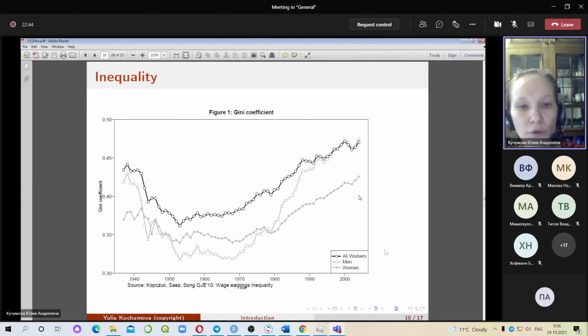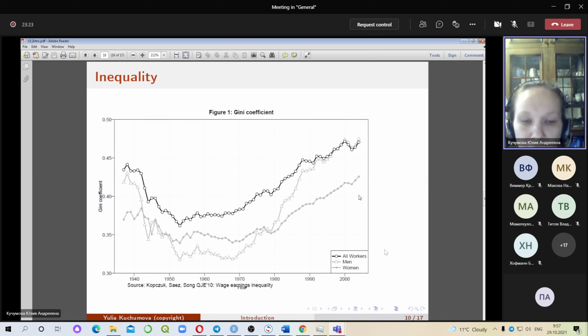Here is a graph to support that in practice inequality is indeed an issue. It shows the Gini coefficient, which measures inequality, over quite a long period of time, starting from before the 1940s, 1930s or something like that, and moving up to 2000.